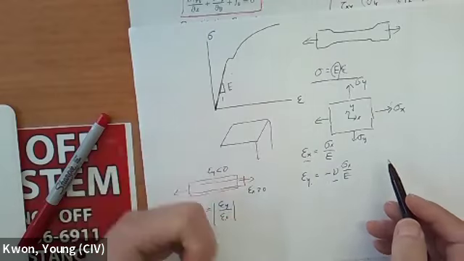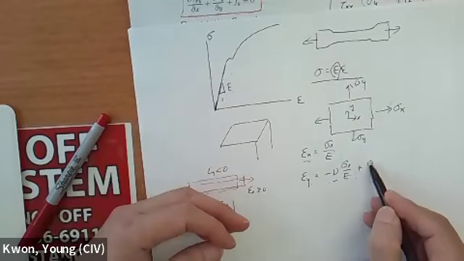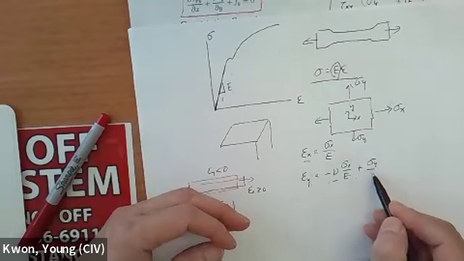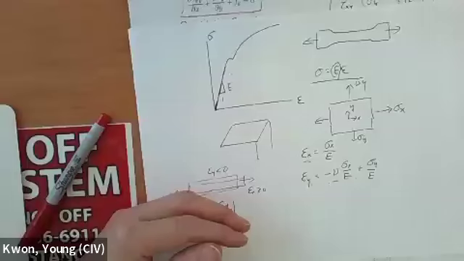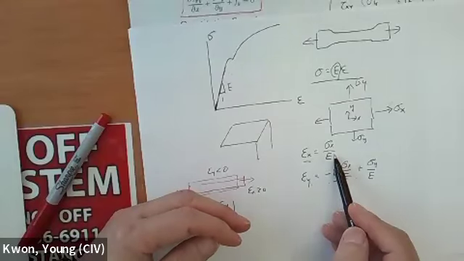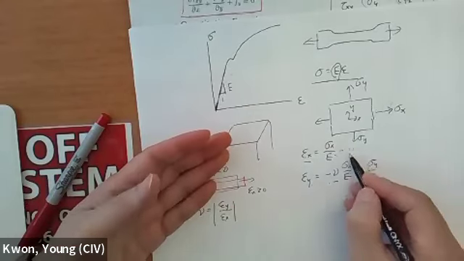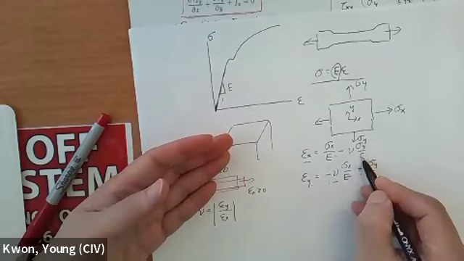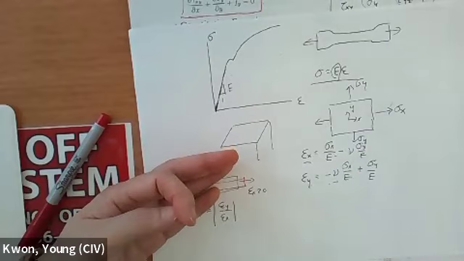If this is going to be isotropic material, property same in both x and y direction, then that's going to be sigma y over E, right? Then here we have Poisson's ratio, so negative nu sigma y over E, right? So far so good.